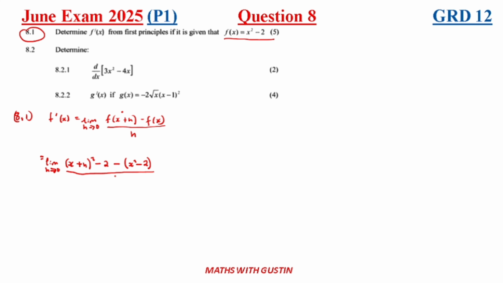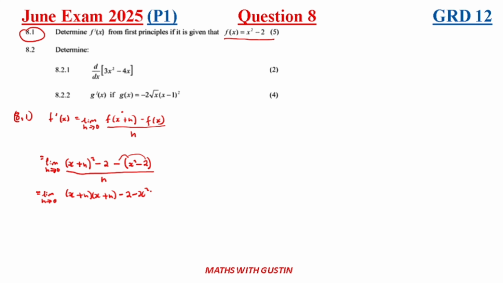all divided by h. Okay, as you can see now, we just have to expand then simplify. Guys, here you're going to get a mark for substitution. Then x plus h, x plus h, therefore minus 2, then we can remove the bracket and multiply throughout.